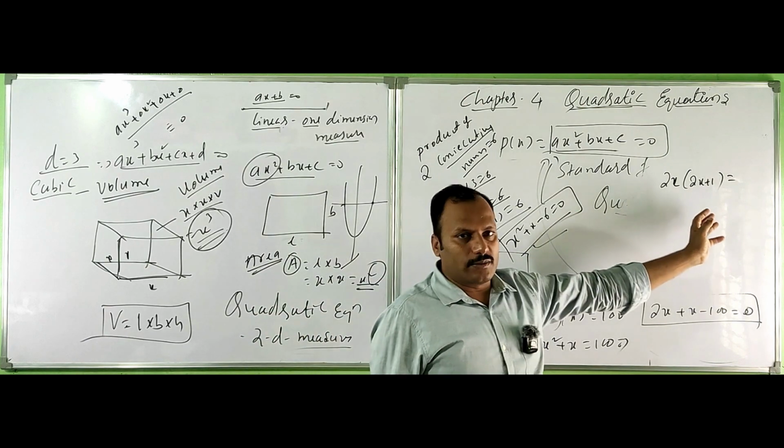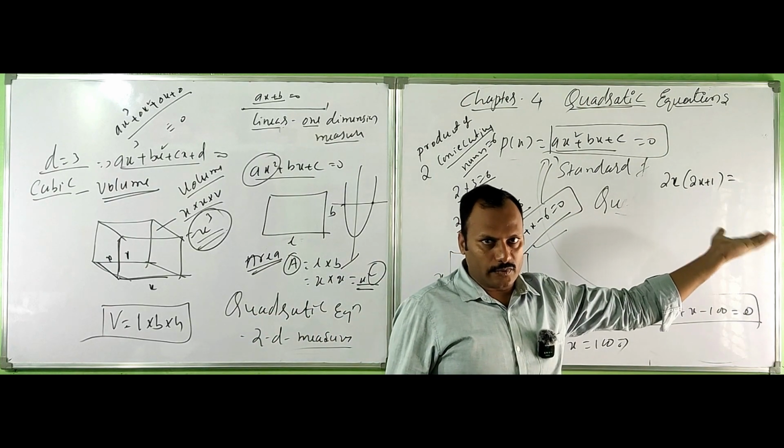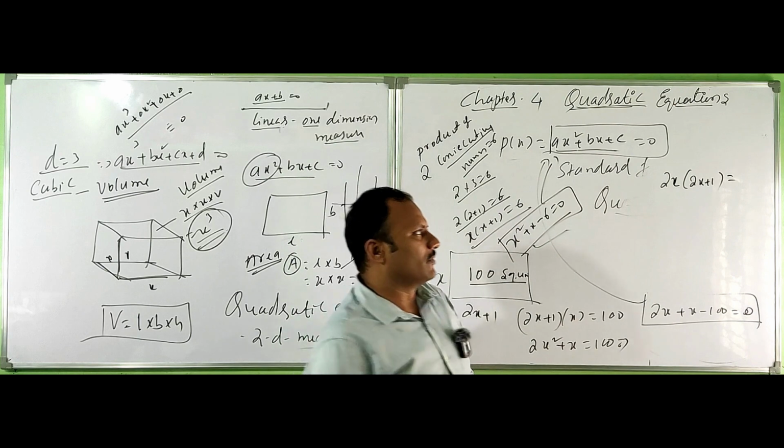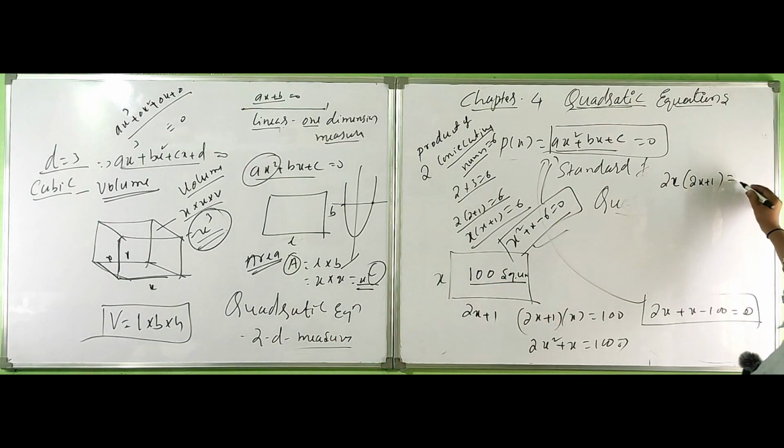Then the product becomes something, 100 rupees or 200 rupees or 1000 rupees. Again you are getting the same thing here.